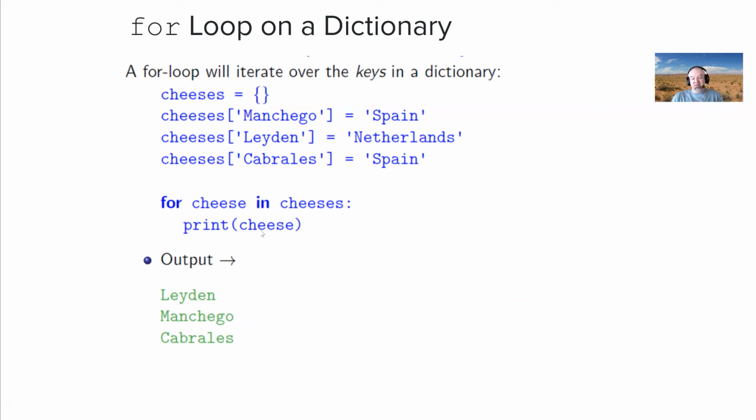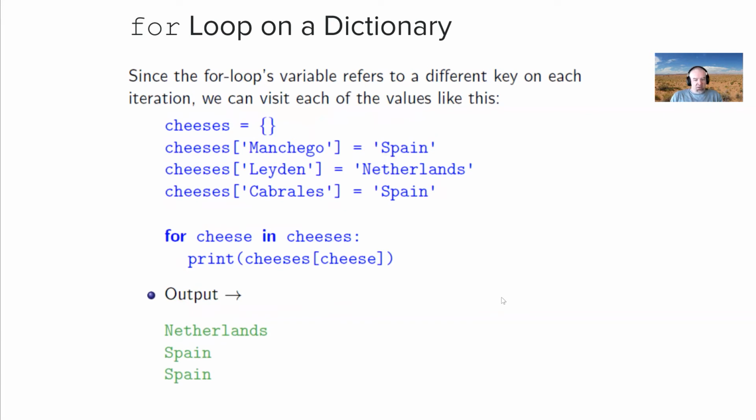But essentially, the idea here is that the variable cheese will be assigned the first key in the dictionary, then the second key, then the third key, and that's what we're printing down here, right? You can also use a for loop to print the values.